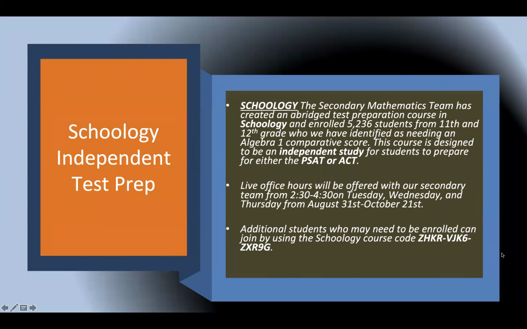I think it said Algebra 1 EOC or something like that. So the code is in the third bullet point. Yeah, it starts with a Z. I think they're advertising this in a lot of places. It might even be on the district website. I've seen schools put it on Facebook, so it's getting a lot of attention.